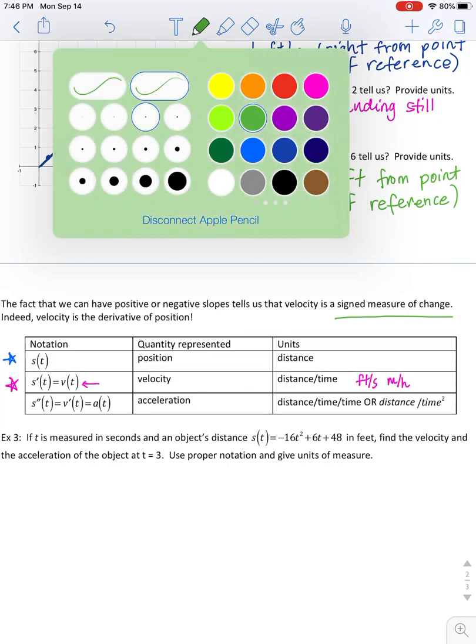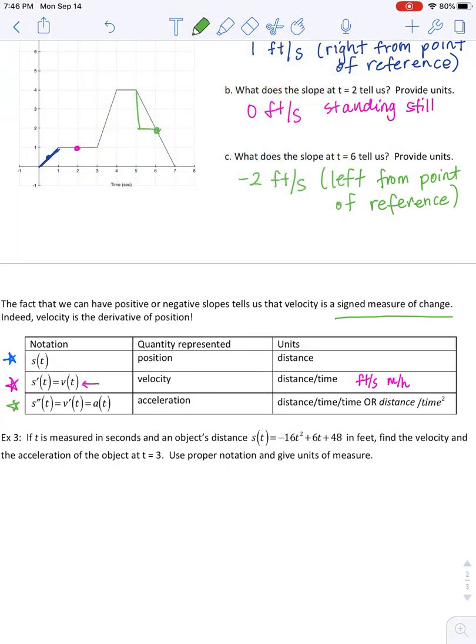And then lastly, down at the bottom, if we take the second derivative, welcome to our use of higher order derivatives. The second derivative of position is the same as the first derivative of velocity, and that, of course, is acceleration. These three functions are all interchangeable with each other. Again, they all mean the exact same thing.